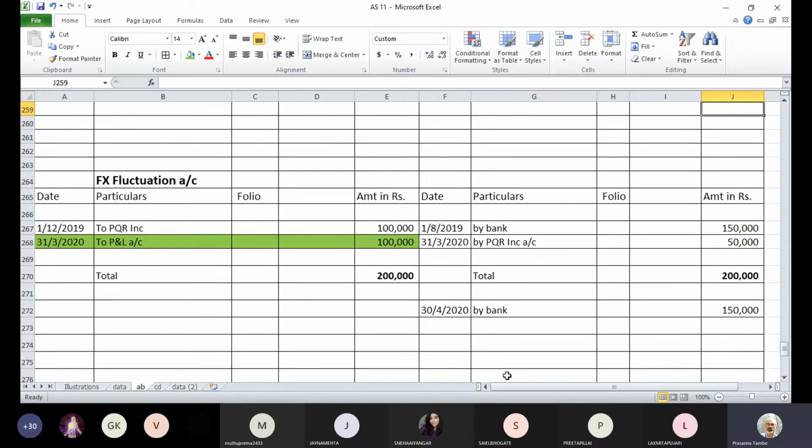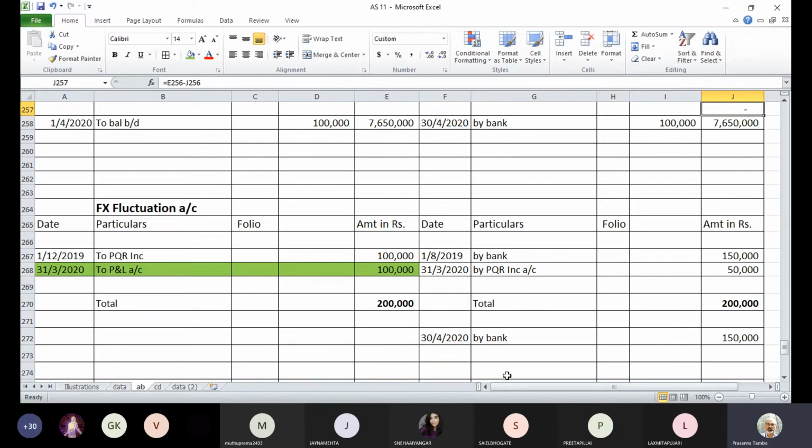So now if you see the entry, your entry will look like this. Bank account debit 78 lakhs to PQR Incorporated account 76 lakhs 50,000, which is the year-end outstanding and accounted at that particular value, to FX fluctuation account 1,50,000, which is the excess realization due to increase in the rate of exchange.